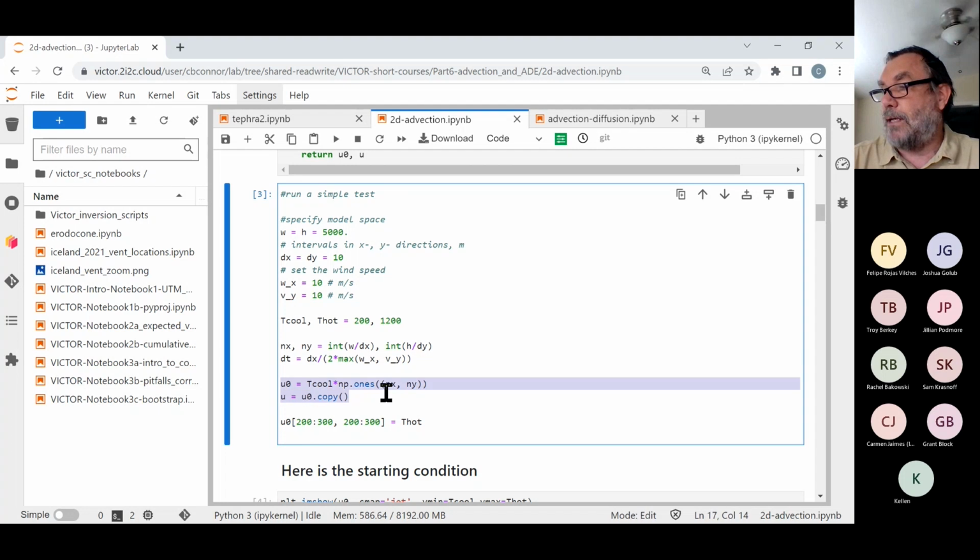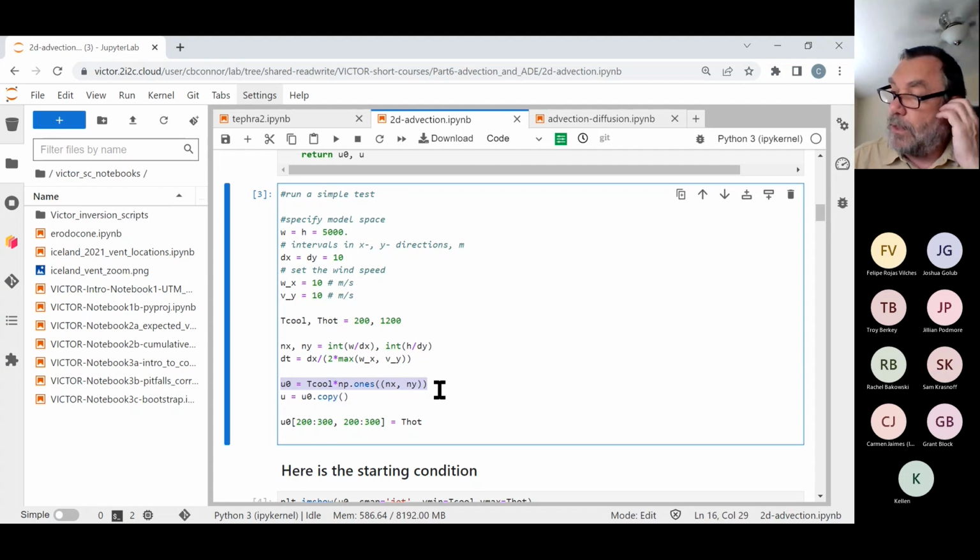Then I create my initial set of grid points. So U naught is going to be equal to a numpy array that's np.ones, nx by ny in dimension, right? So that's okay. Then every one of those grid points is going to have a value related to the cool temperature.